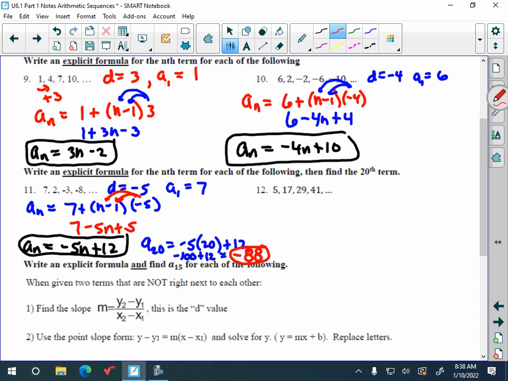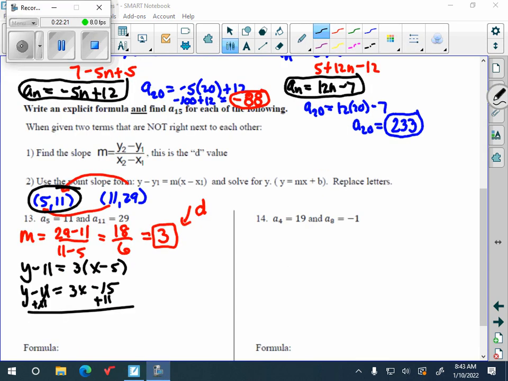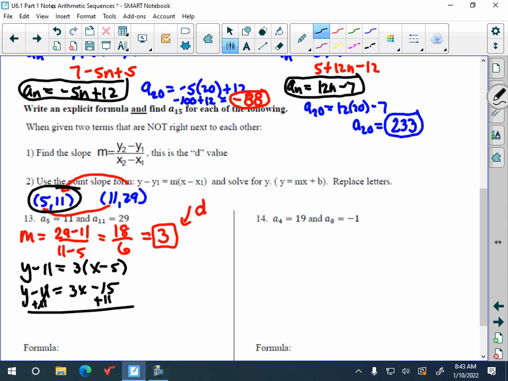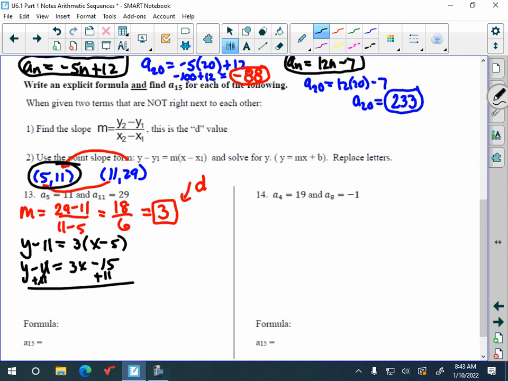All right, so see if you can do number 12. So the steps are the same. So solving for y, we're going to get 3x minus 4. Now we're just going to replace the letters. So y becomes a sub n, and x becomes n.